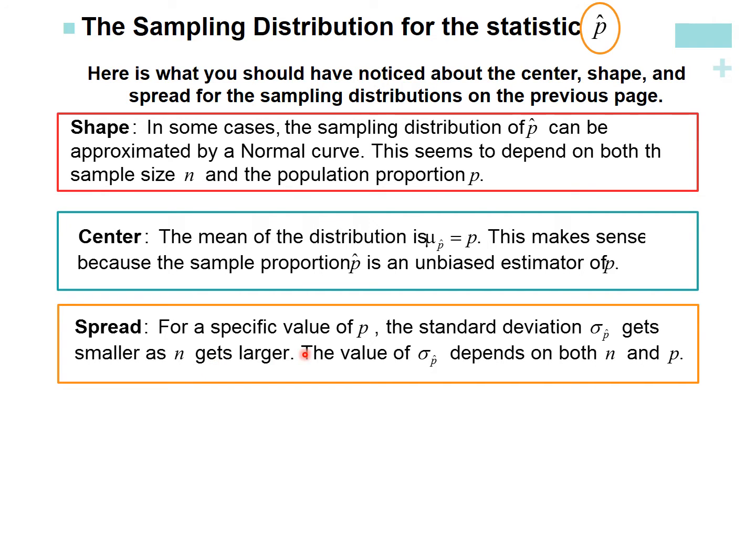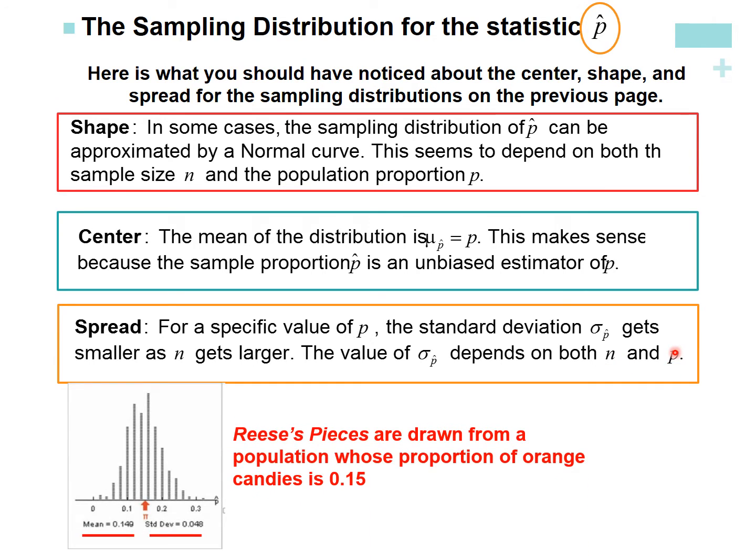The value of the standard deviation of your sampling distribution depends on the sample size, and it also depends on the proportion, which we'll get to later on. So notice, take a look at the Reese's Pieces that were drawn from a population whose proportion of orange candies was 0.15.